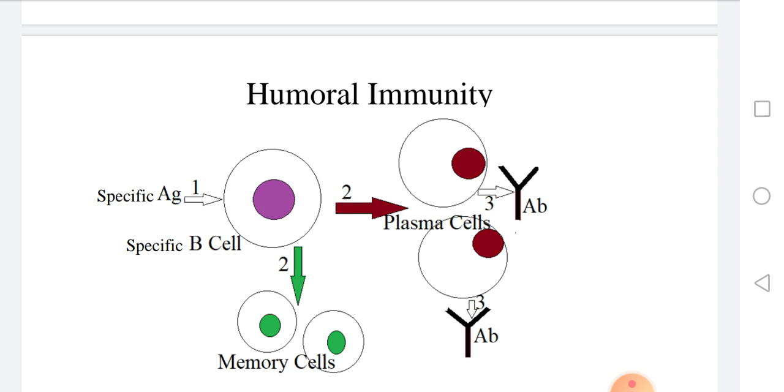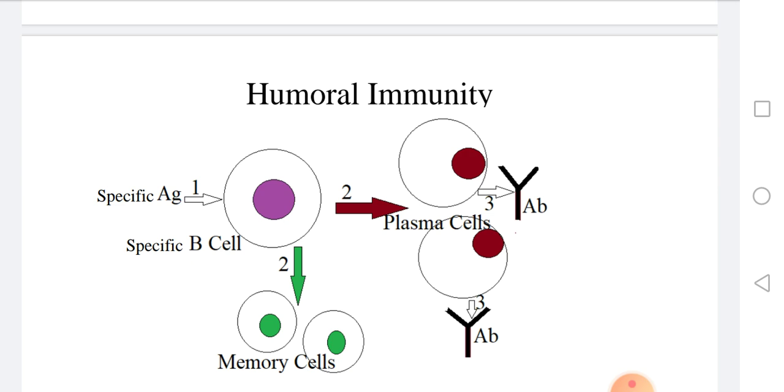These memory cells are long-lived lymphocytes that keep immunological information about this antigen. So if this antigen comes in the common occasions, it will be detected in a short time and the immune system mounts an immune response against it. The other group, the plasma cells, look here on your right hand side.